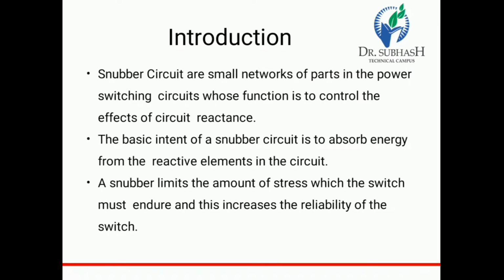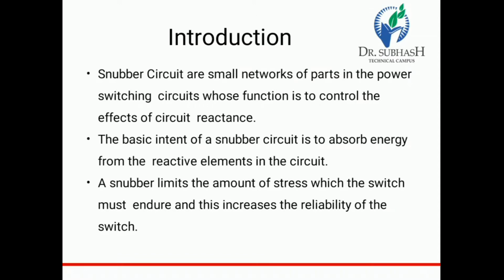Snubber circuits are small networks of parts in the power switching circuit whose function is to control the effect of circuit reactance. That means the snubber circuit can be utilized to control the effect of the circuit reactance.